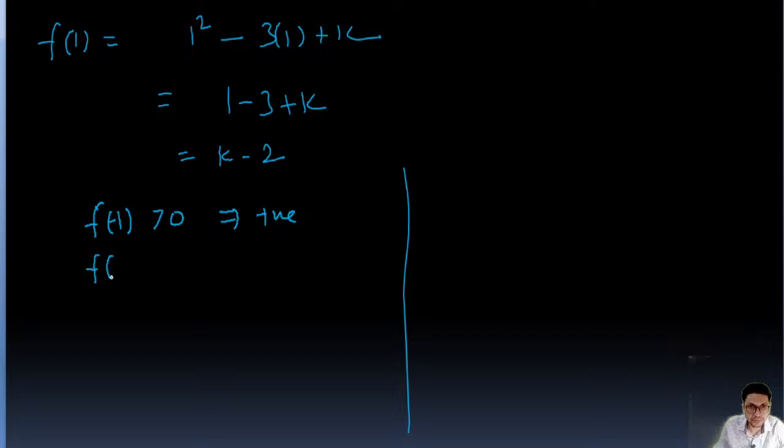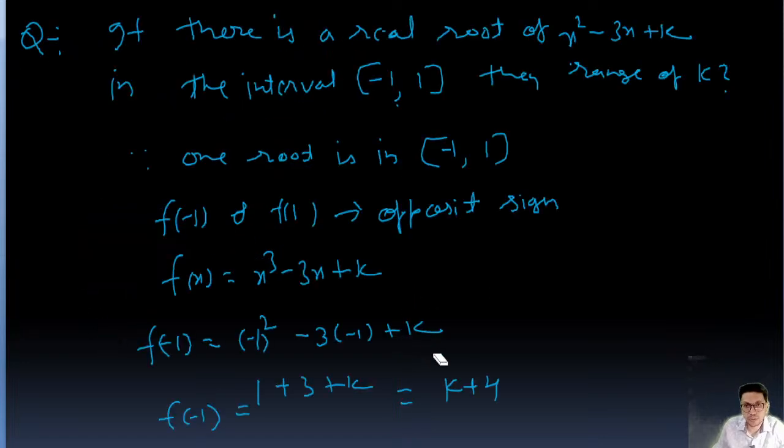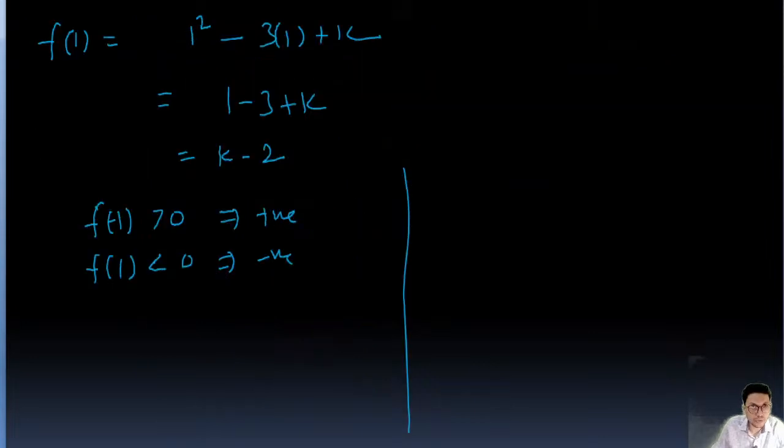And f(1) should be less than or equal to 0, that implies this value is negative. So f(-1) we have got, that is k plus 4. k plus 4 should be greater or equal to 0, right?